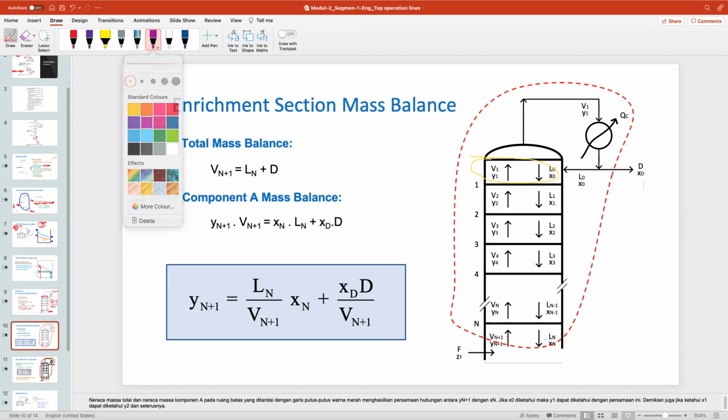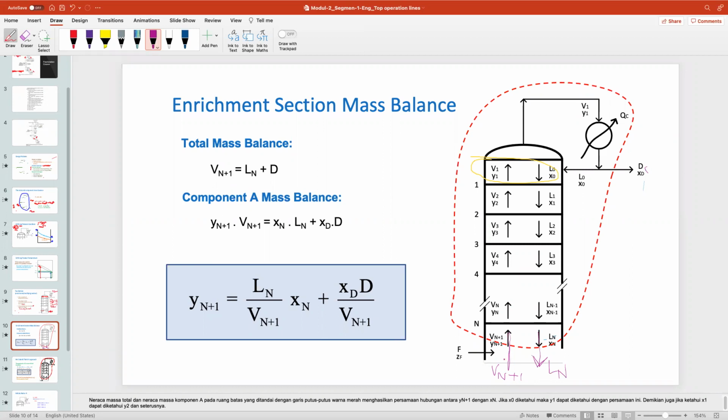The stream going inside here is Vn plus 1, can you see it? And then the one that goes out is this one, Ln. This one is D.